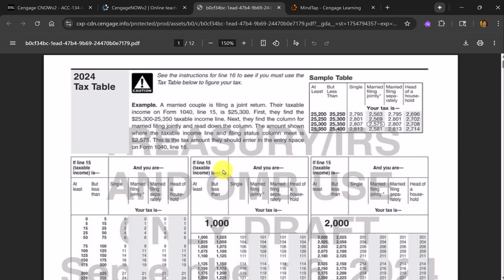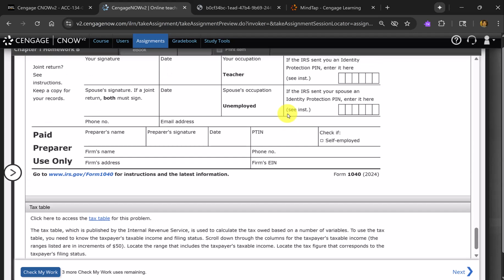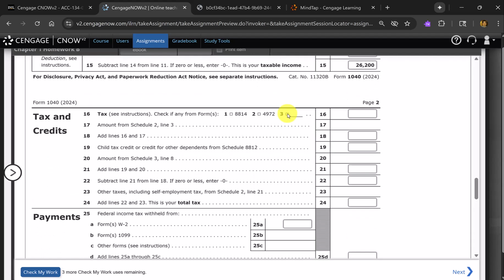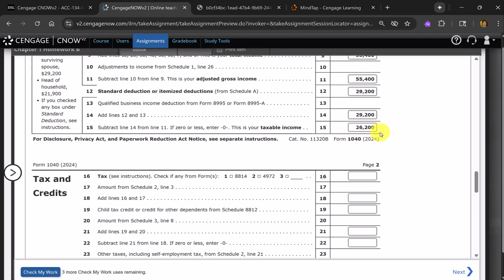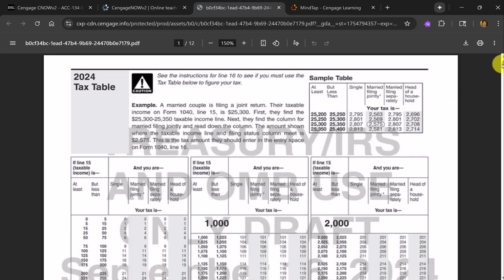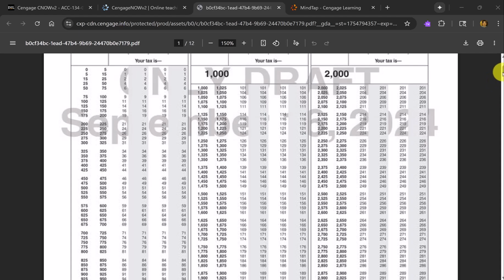So here's a blurry copy of the tax tables. And what we're looking for is to look up the taxable income, this 26,200. So we'll go down the table. If I can grab my handle.